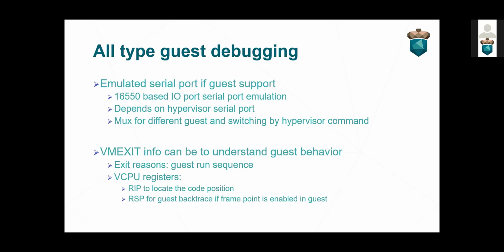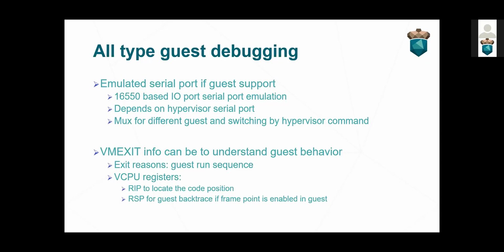This is one debug methodology, and also in some cases, you could use the VM exit info to understand the guest behavior. For example, if your guest is running for a while and then it just hung somewhere, in this case, you could just enable the VM exit info and check what kind of guest behavior triggered the VM exit, and then compare to your guest early boot code.